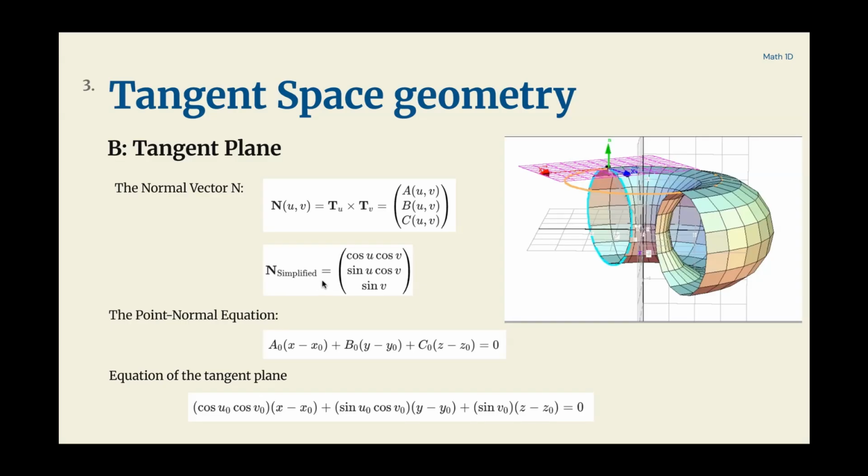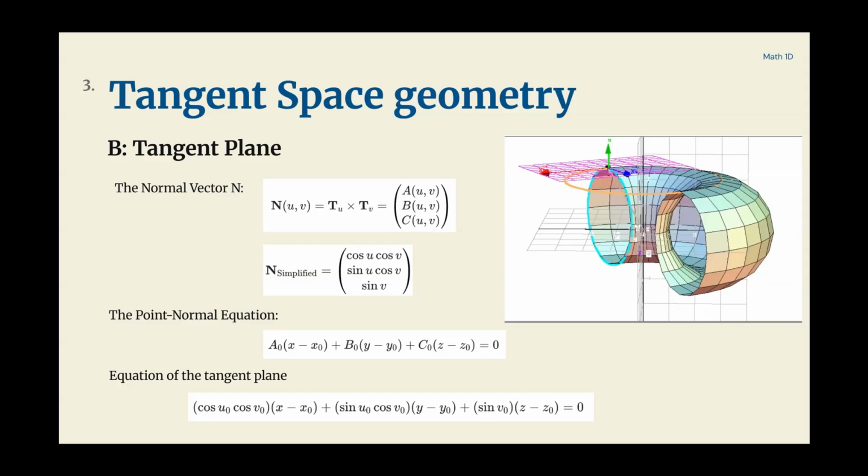I will explain the normal vector more in the later section 5. So here I'm just going to give the solution already, but don't worry, later I'm going to show the steps of how to find the normal vector n. But it's basically the cross product of these two vectors, and we already have these two. Let me go back a little bit and talk about the tangent plane.